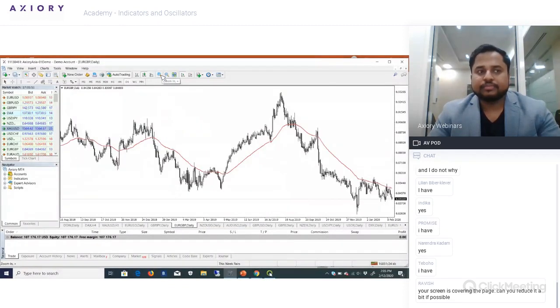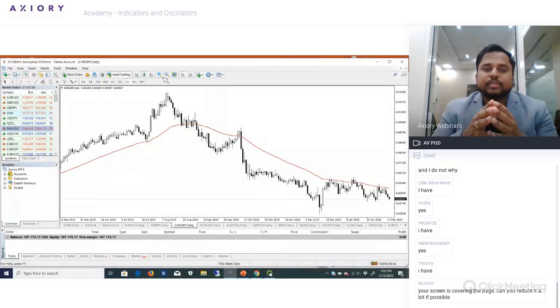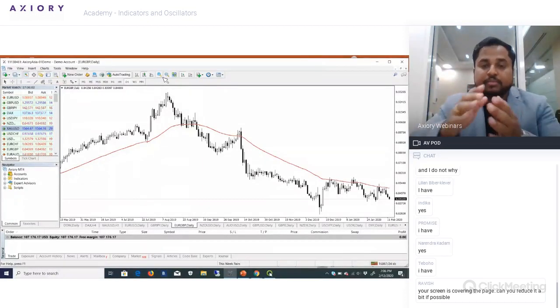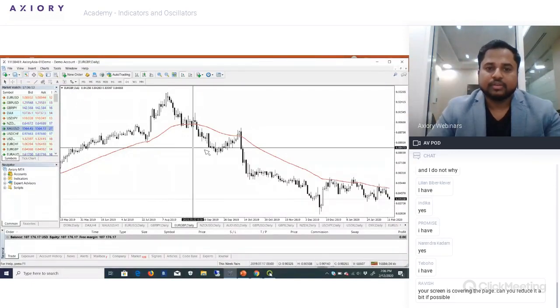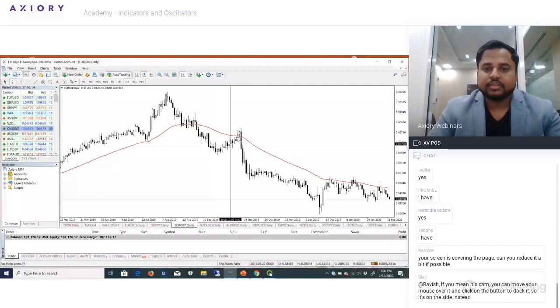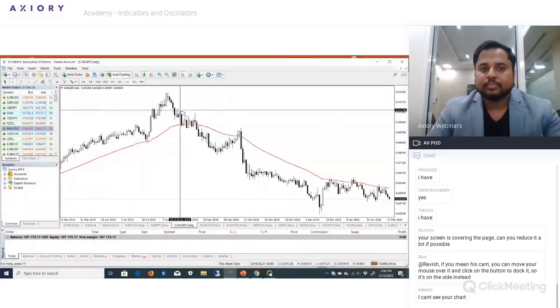Now the basic idea of a moving average is that it is an average value of some prices. For example, a 50 moving average is the average value of 50 candles' price.